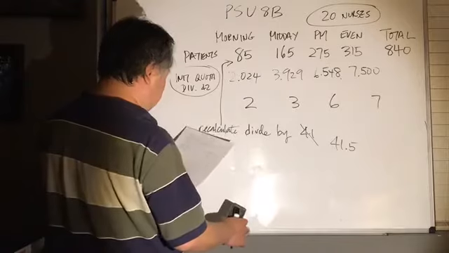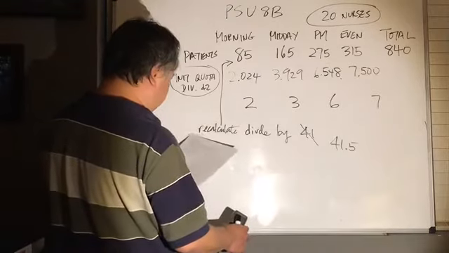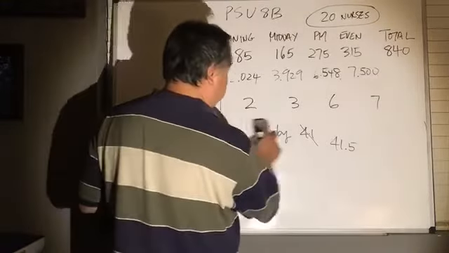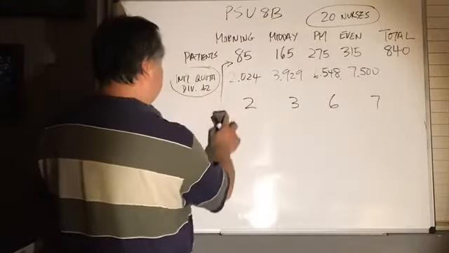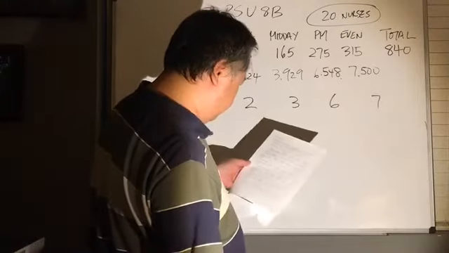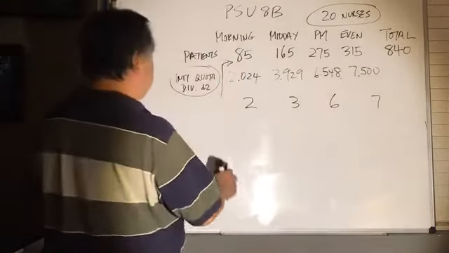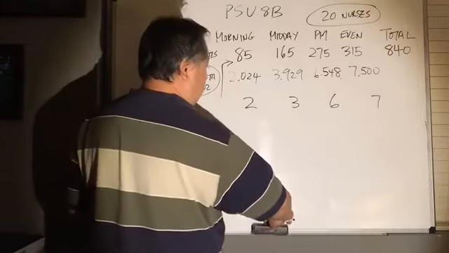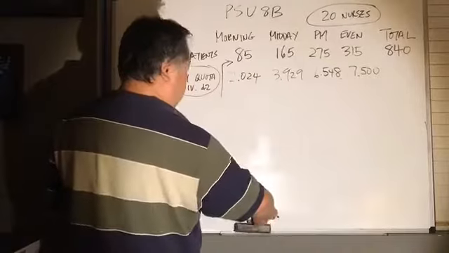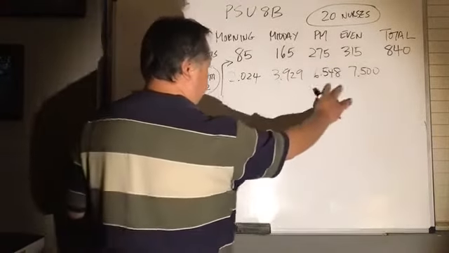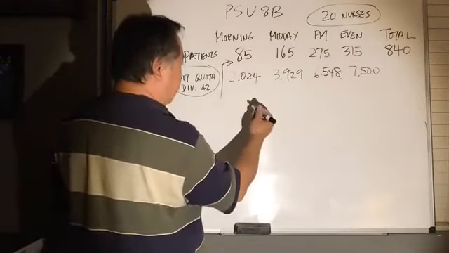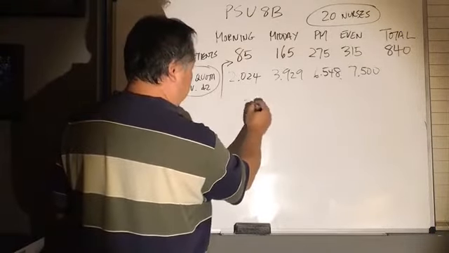So the next one is Adams' method. Adams is rounding up. Instead of these numbers, if we get these numbers, we're going to round it up to 3.